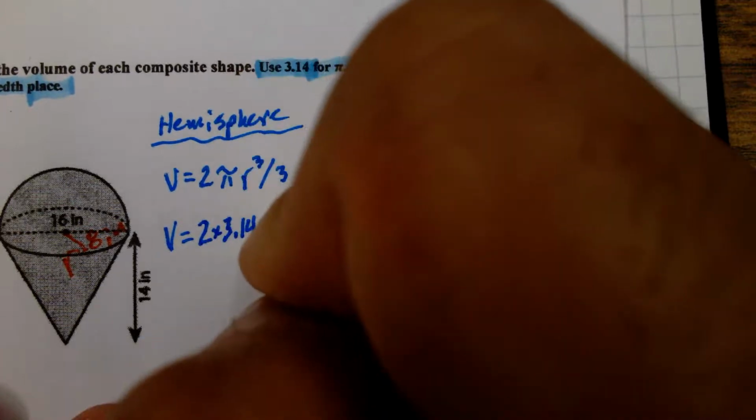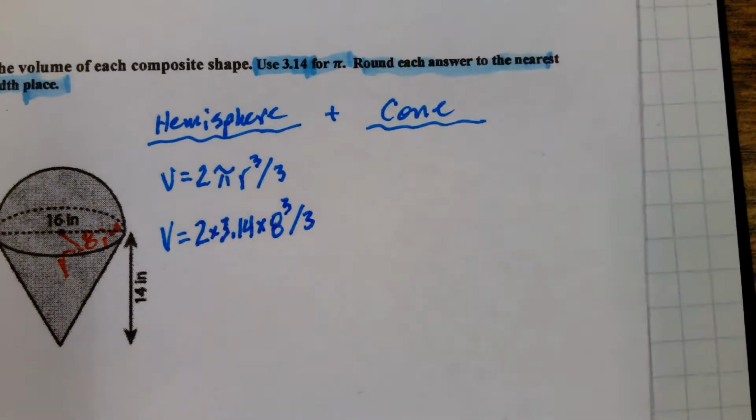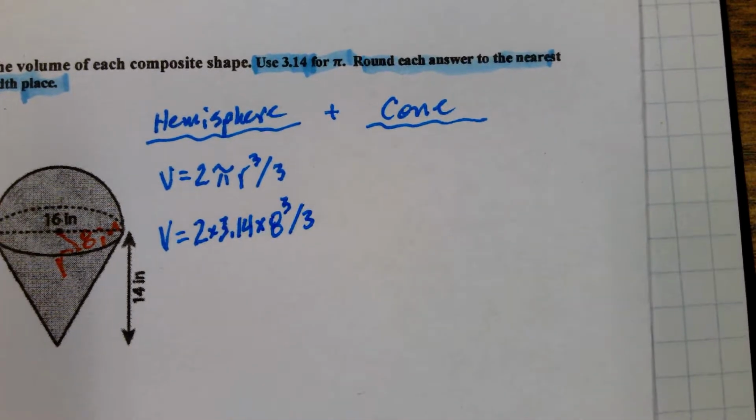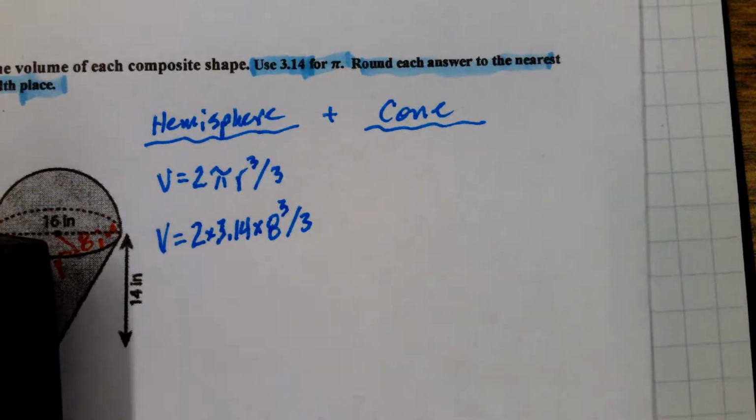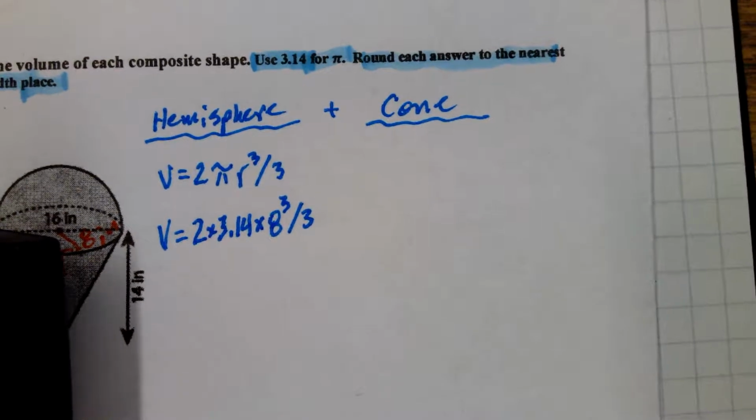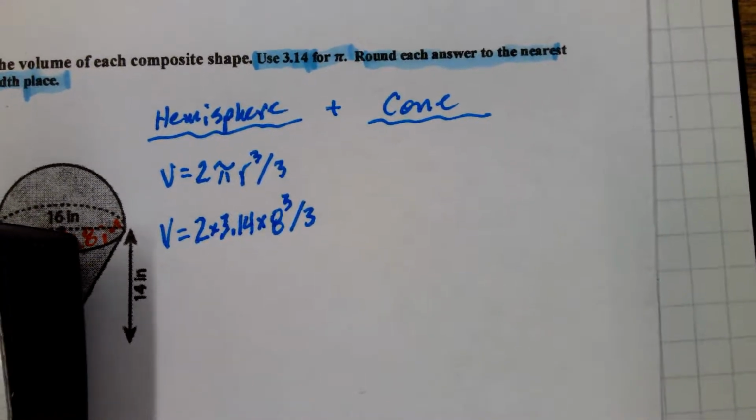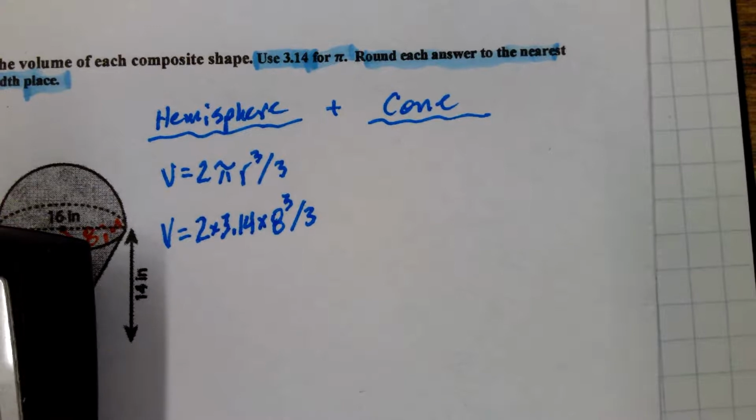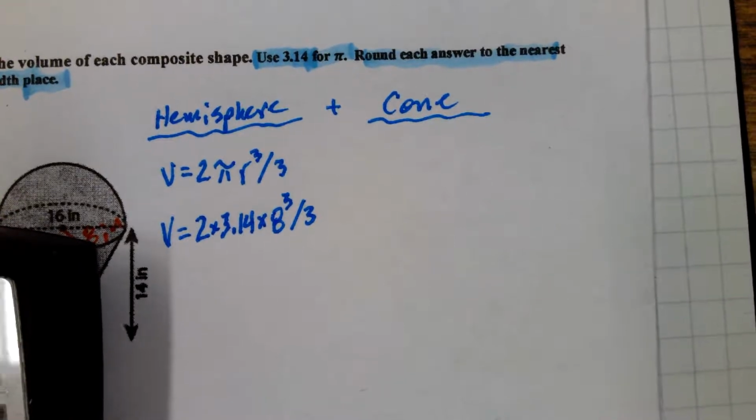So it's going to be 2 times 3.14 times 8 cubed, divide that by 3. So what we're multiplying is 2 times 3.14 times 8 times 8 times 8, then divide that by 3. Let's go ahead and do all that.